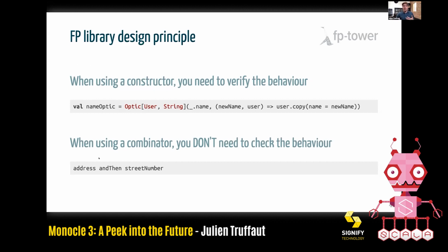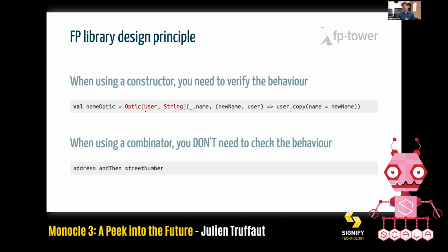So, coming back to constructors: if you create an object using a constructor, it's up to you, the application developer, to verify that the object you created satisfies the contract. Generally, libraries offer a test suite, so you can just run the test suite on this particular object. It's relatively easy, but it's your responsibility to check that this object is correct.